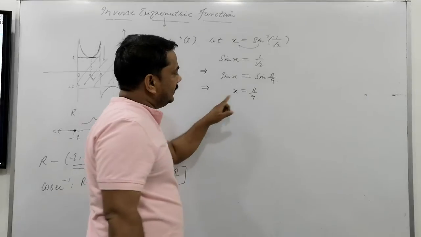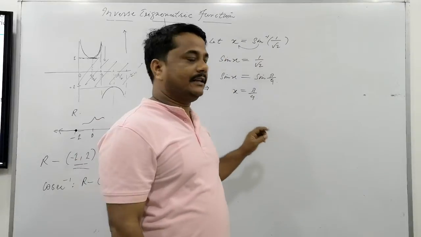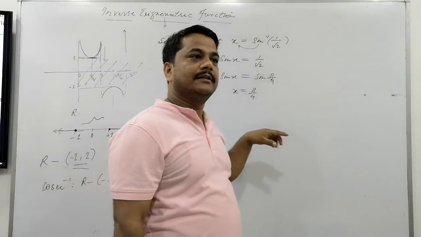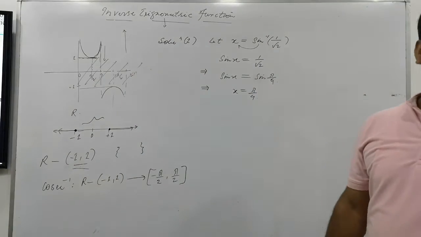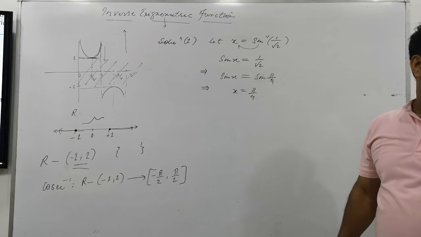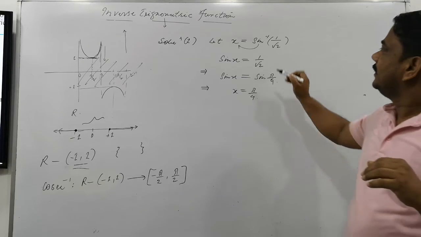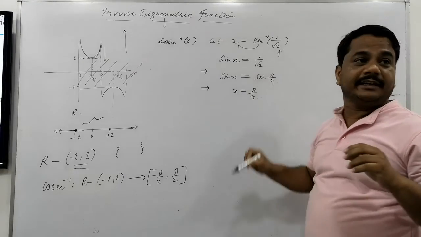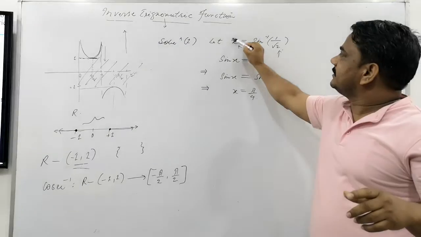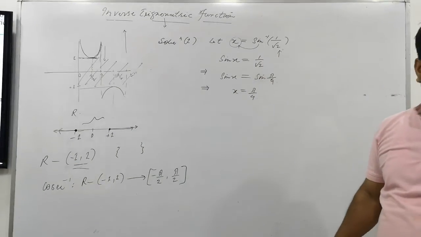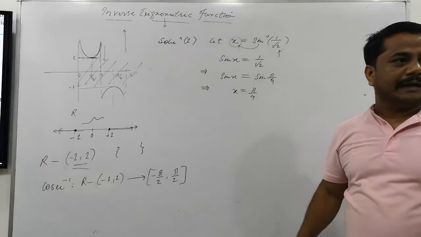Tell me, is this the principal value solution? Means, is it the right value for x? We are checking. What type of function have we solved here? Sine inverse. Its domain is 1 by root 2. We supposed x as its range, and we got x equal to pi by 4.